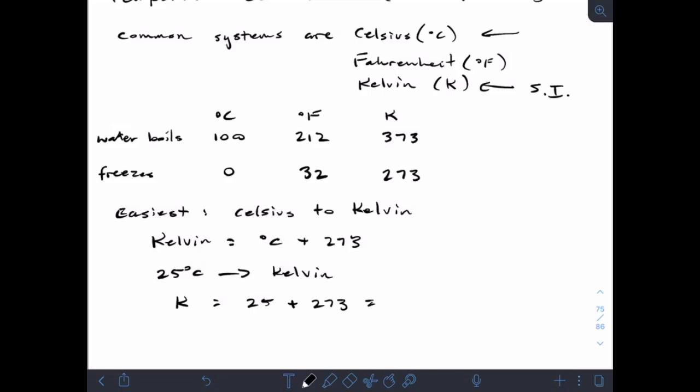So the temperature in Kelvin is 298. Celsius to Kelvin is the easiest one. Plus or minus 273 depending on which direction you're going.